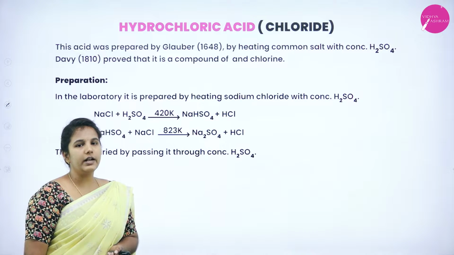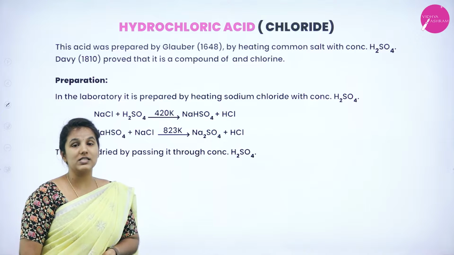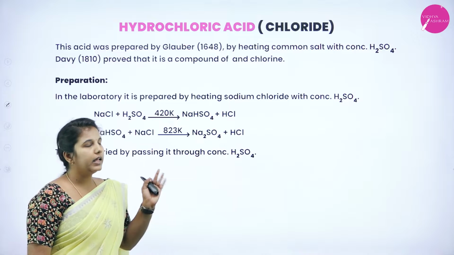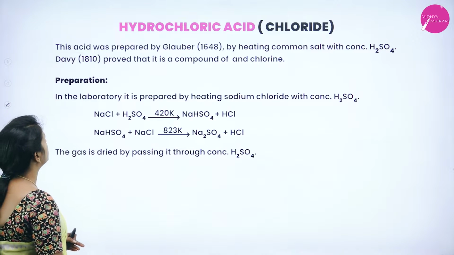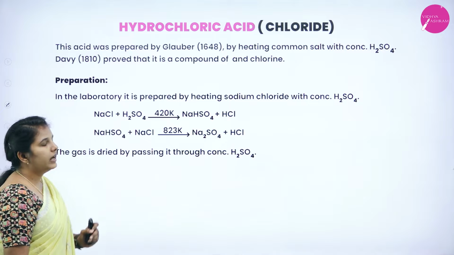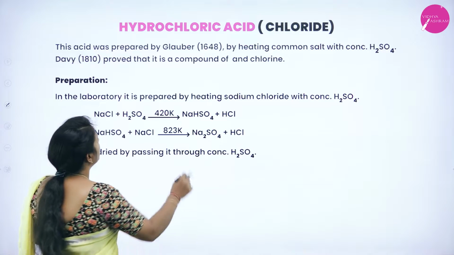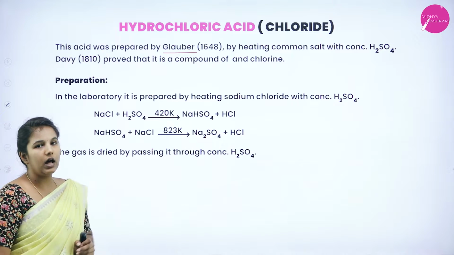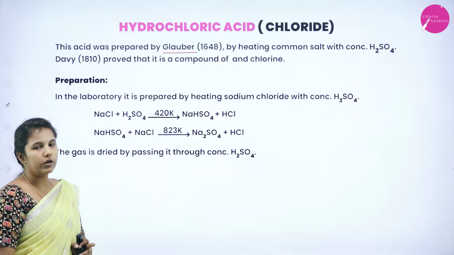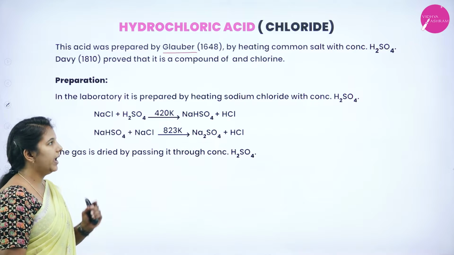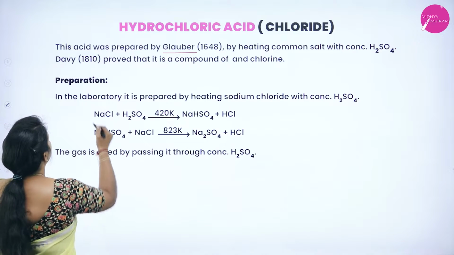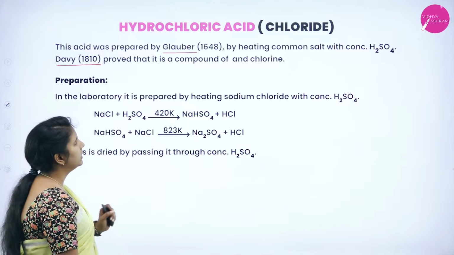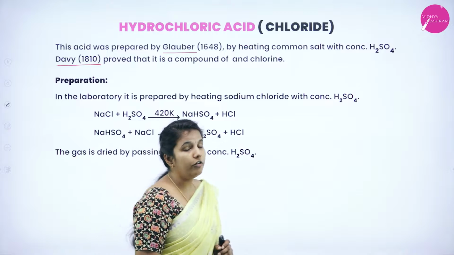We all know that hydrochloric acid is generally used as one of the laboratory chemicals in our chemistry laboratory, right? Their preparations we will understand first. This is an acid and it was first prepared by Glauber in the year 1648 by heating the common salt, sodium chloride, with concentrated H2SO4. Later, Davy in the year 1810 proved that it is a compound of chlorine.